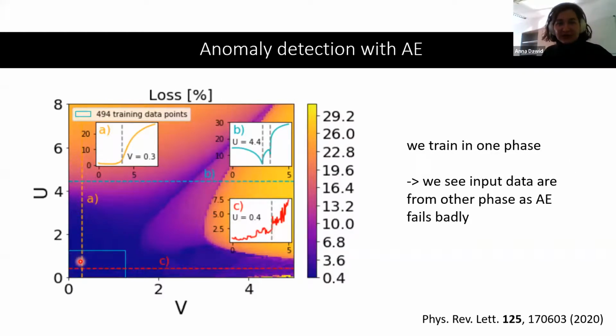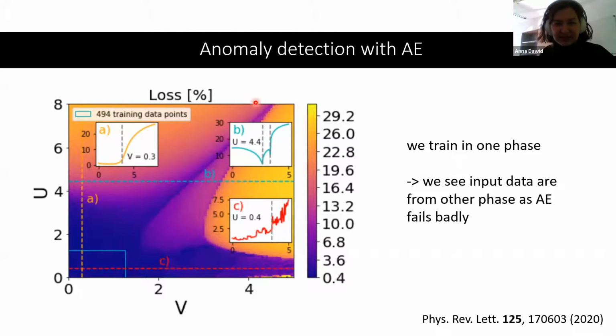Now imagine that you ask the same autoencoder to reproduce other states from your phase diagram, other parts of your phase diagram. And it turns out that the further you go from this training region, the more confused the autoencoder is. So the error of the autoencoder at reproducing these images, which are pretty different from this part of the phase diagram, increases.